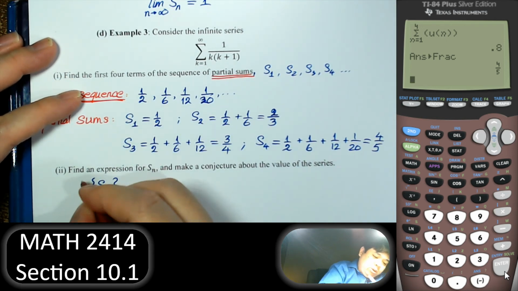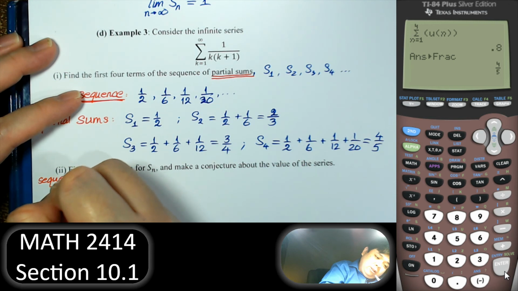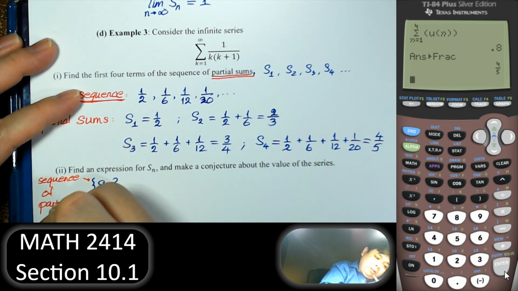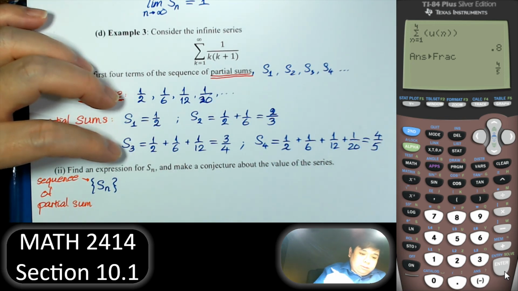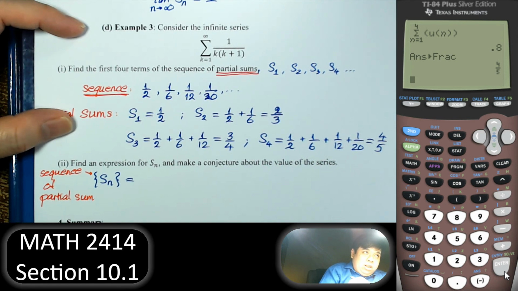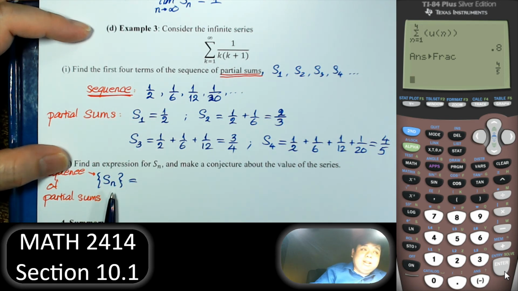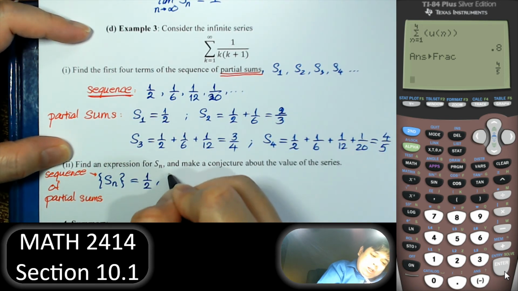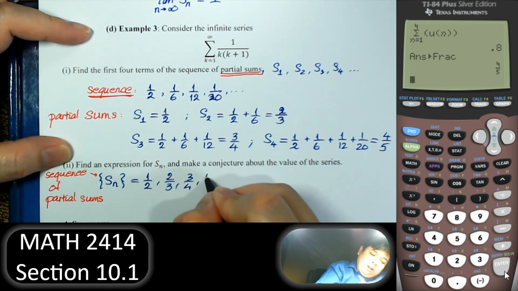Now, let's look at the sequence of the partial sum. So this is called the sequence of the partial sum. Now let's write out the sequence of partial sums. We start with 1/2, 2/3, 3/4, 4/5.